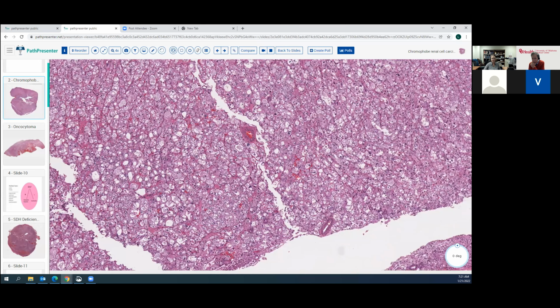So under the Fuhrman grading, rhabdoid can be classified as a grade 3 based on the nucleoli. But if you look at the new ISUP grading system, which came out in the WHO in 2016, rhabdoid and sarcomatoid differentiation in clear cell renal cell carcinomas automatically classifies these tumors as an ISUP grade 4.